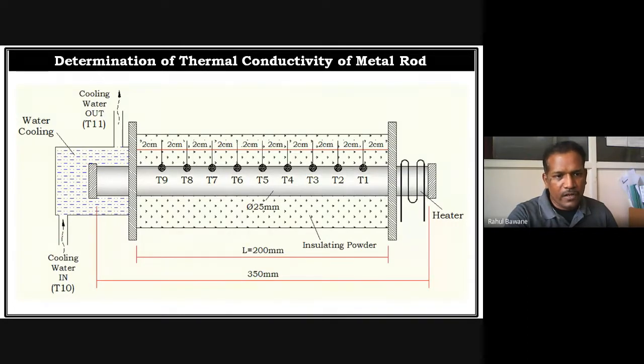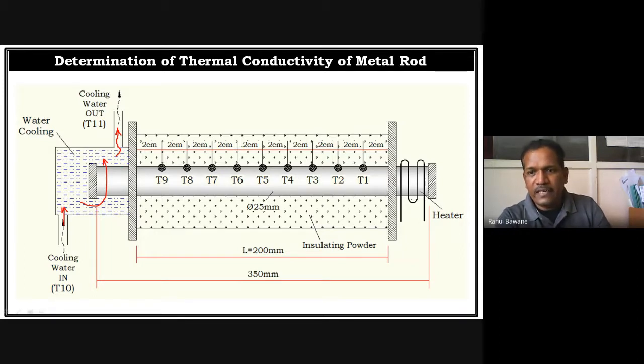So cooling water enters, circulates around this second end, carries out heat, and this water becomes preheated at an elevated temperature and moves out. So there will be a temperature rise between cooling water inlet temperature and cooling water outlet temperature.